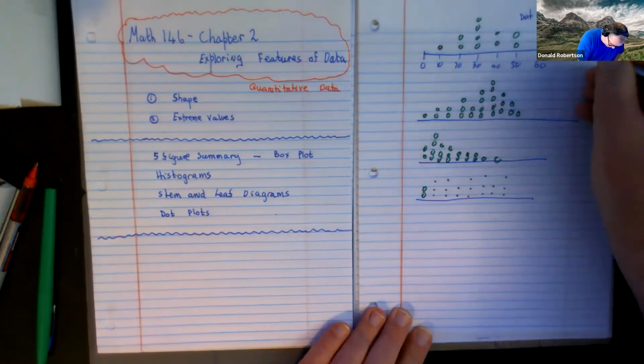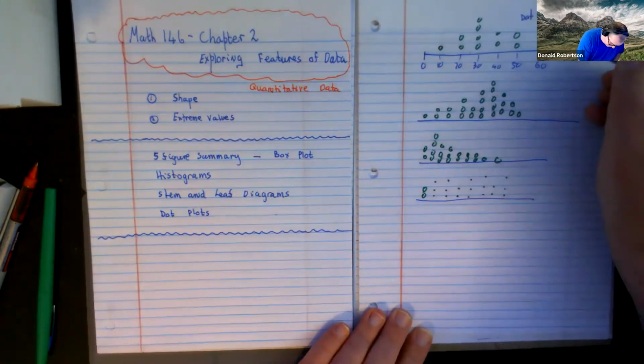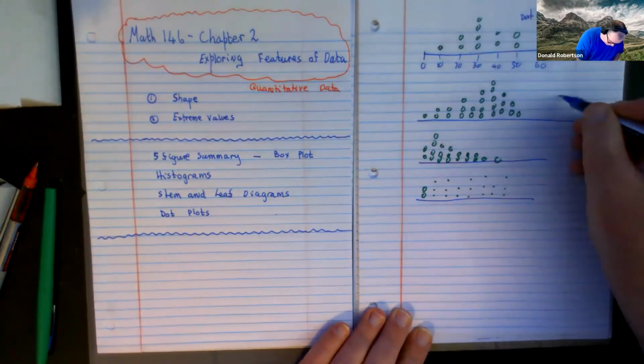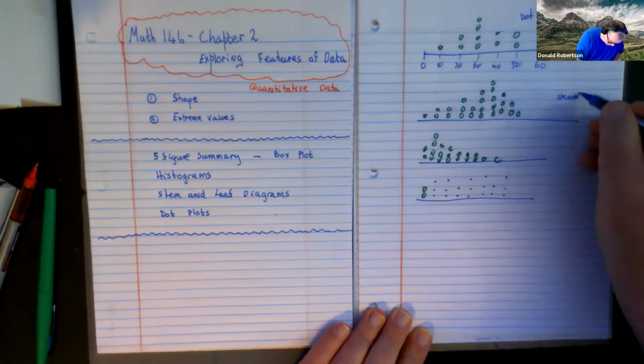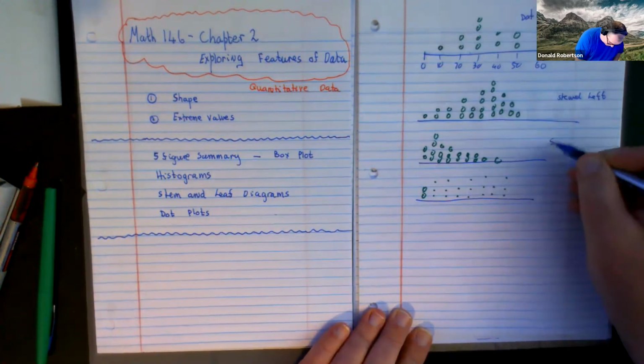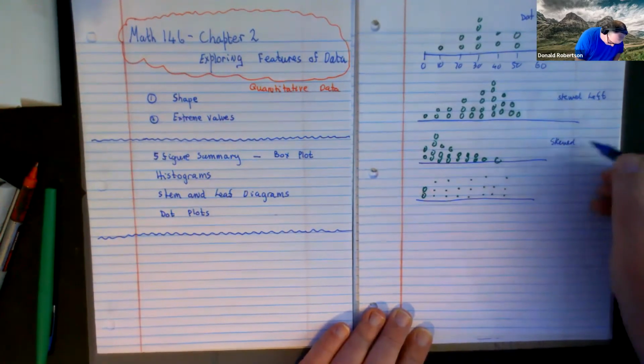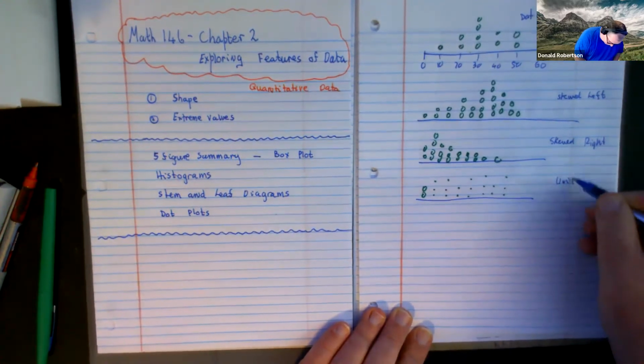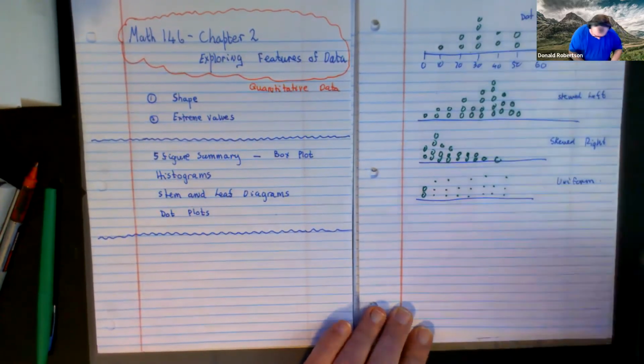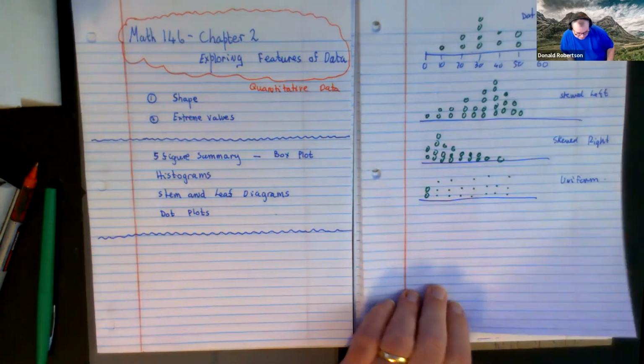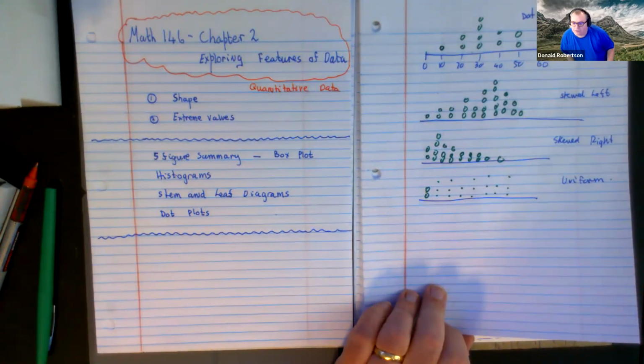So this one is symmetric. This one is skew to the left. This one is skewed to the right. And this one is uniform. So far, so good.